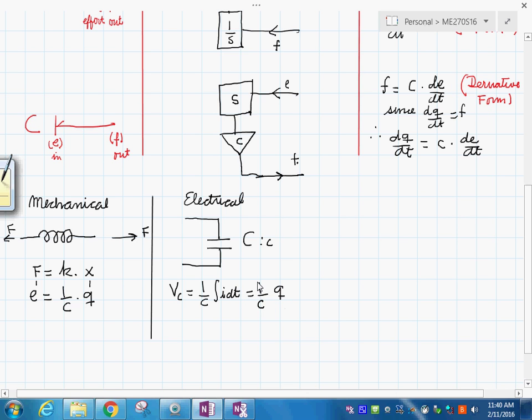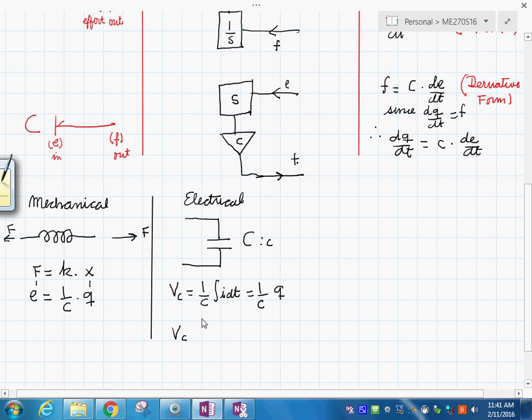I will just write down in here, because this is like writing E again is 1 over C times Q for the electrical domain.